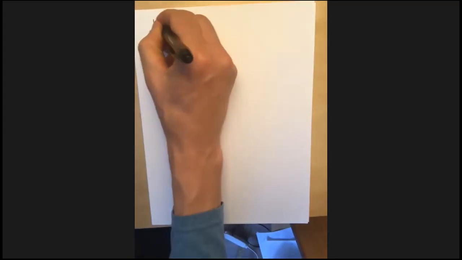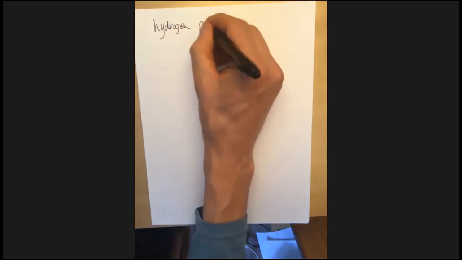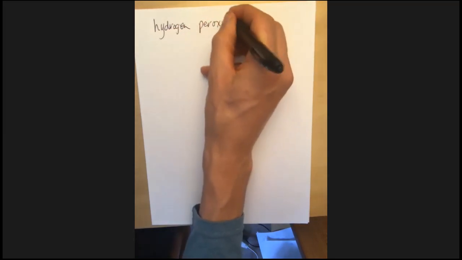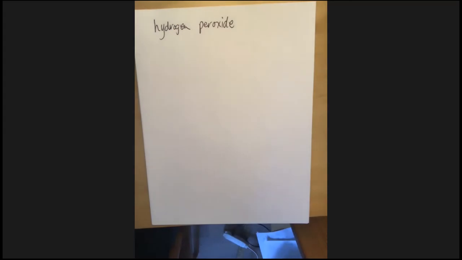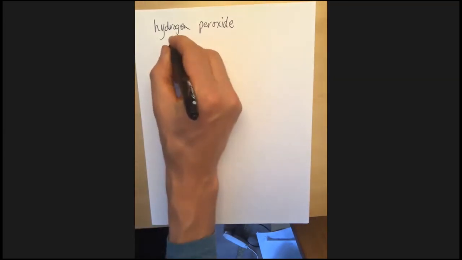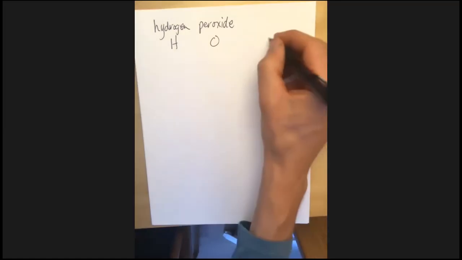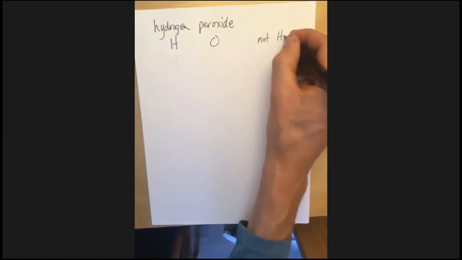Okay. Let's do hydrogen peroxide. This is harder. Exact same concepts, but it's definitely a notch harder because hydrogen peroxide is made out of hydrogen and oxygen, but it's not H2O.